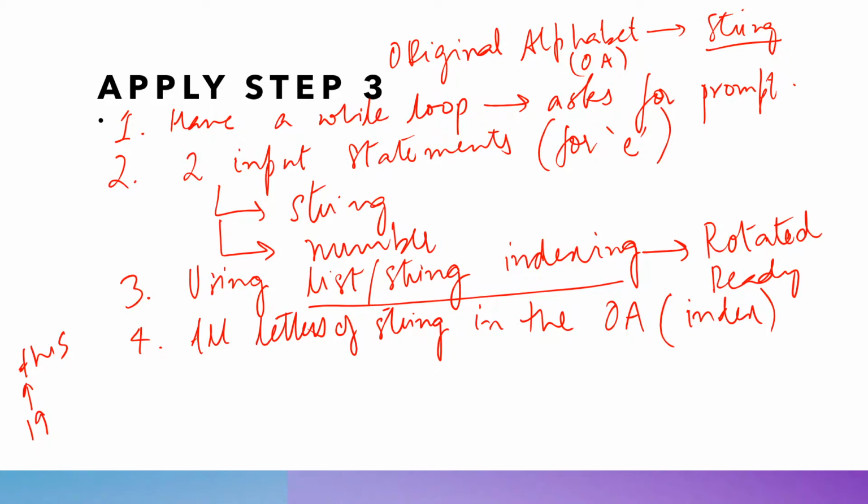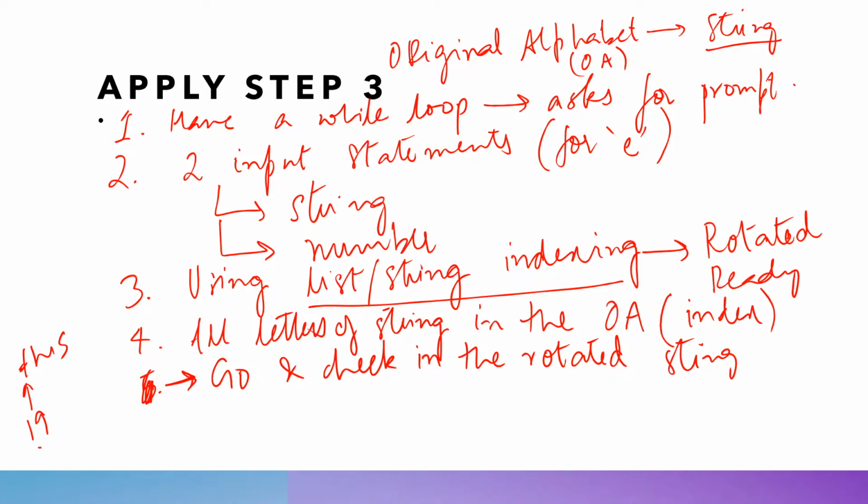So I'll have that. And then I'll go and check, or maybe this is going to be a substep, go and check in the rotated string what element is at position 19.